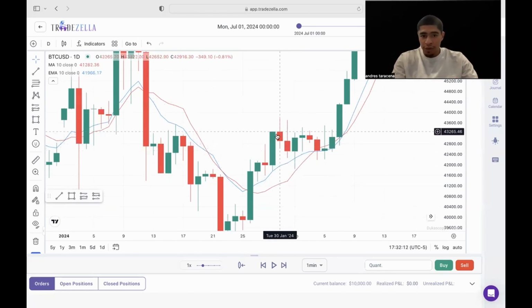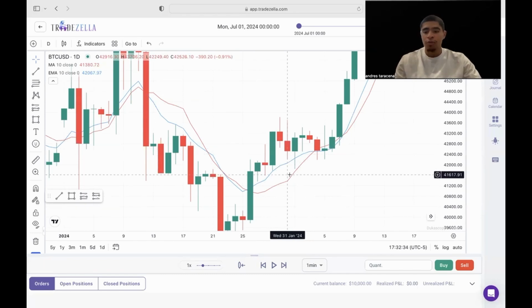If you were looking for a short here and implementing either the EMA or the SMA, you wouldn't take this short, because you would look at the simple moving average or the EMA and be like, oh, well, price is sitting above it. And if it's sitting above them, that's indicating you should be looking for longs.